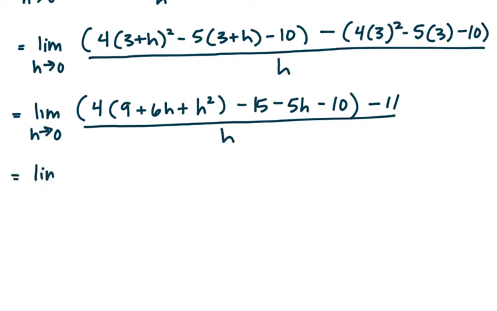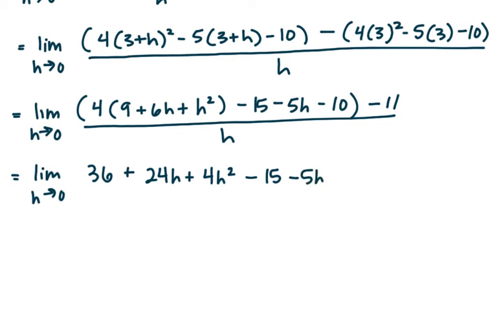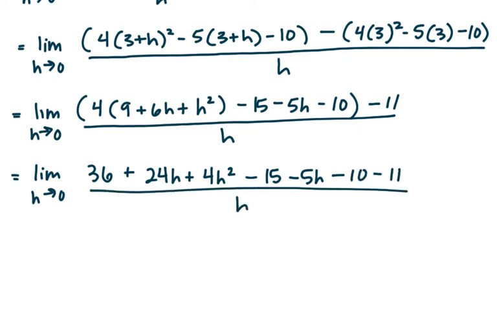So now I have the limit as h goes to 0. This is 36 plus 4 times 6, 24h plus 4h squared minus 15 minus 5h minus 10 minus 11, all over h. So now I have 36, take away 15, take away 10, 25, take away 11.